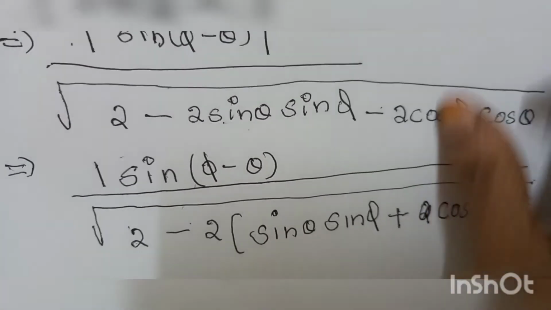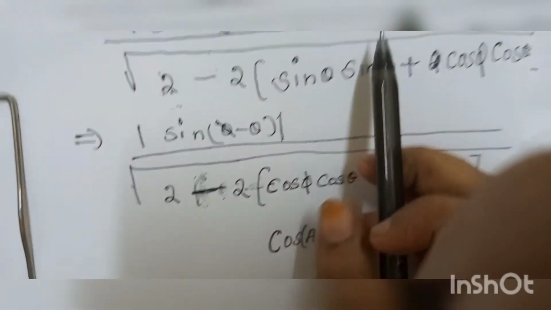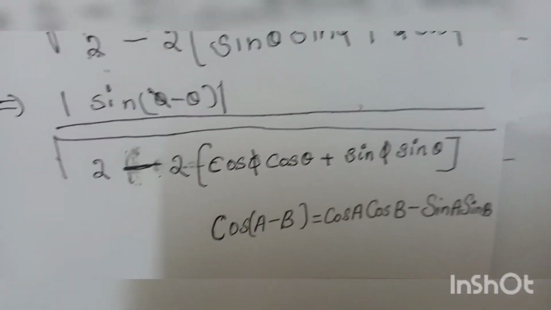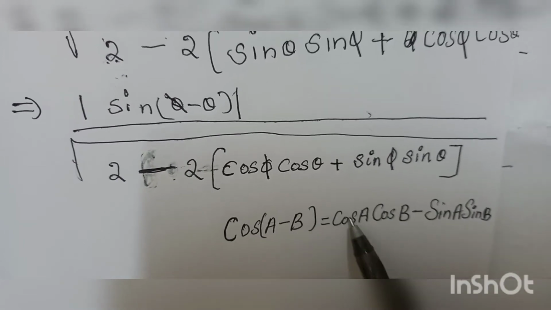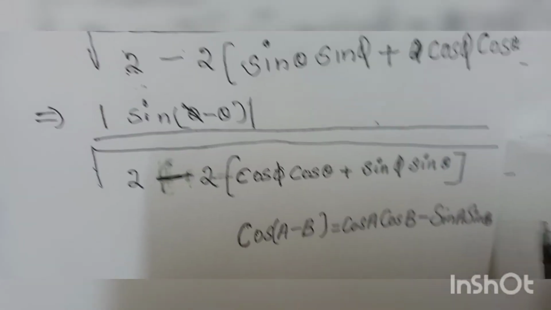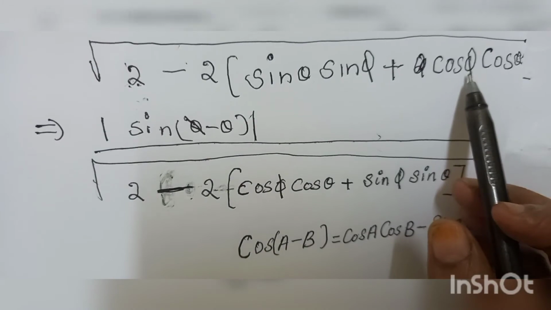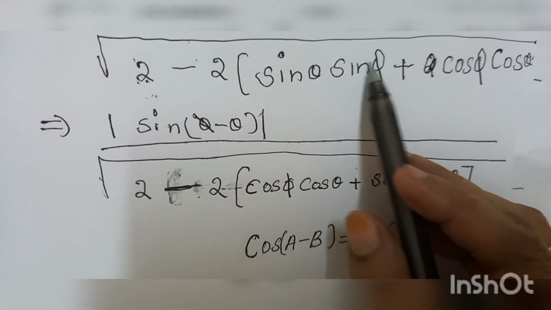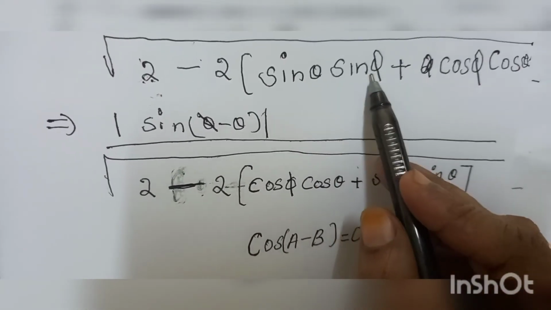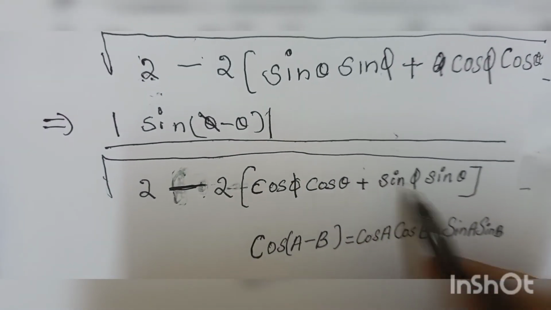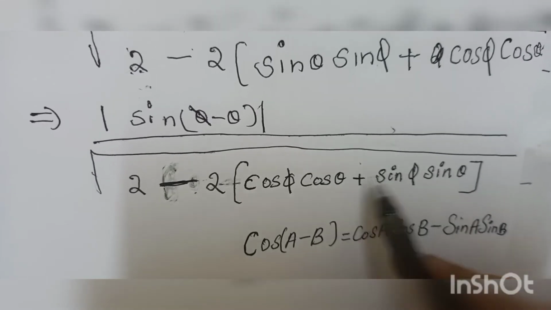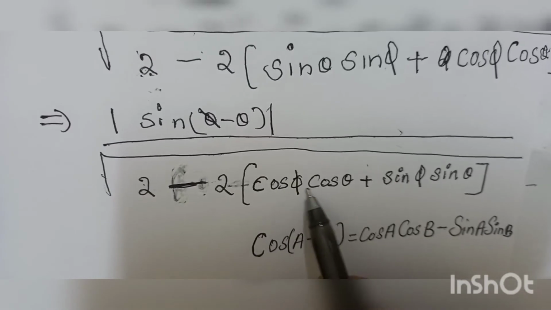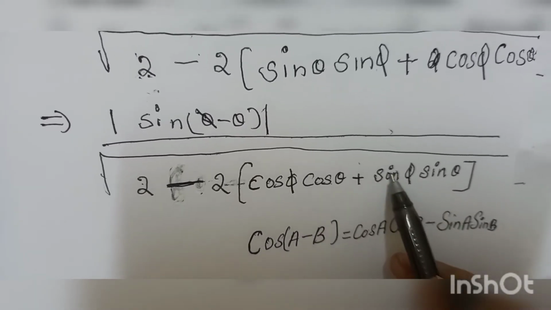Okay, next step we can write. So we have to arrange these. We already know this formula, right? What is the formula? Cos (A minus B) is equal to cos A cos B plus sin A sin B. So we have to arrange these. This is a product, so we can write sin phi sin theta. So we get like this: 2 minus 2 in bracket cos phi cos theta plus sin phi sin theta.